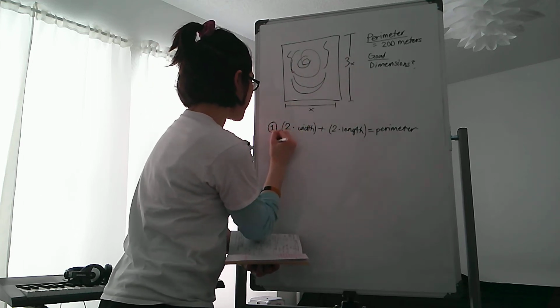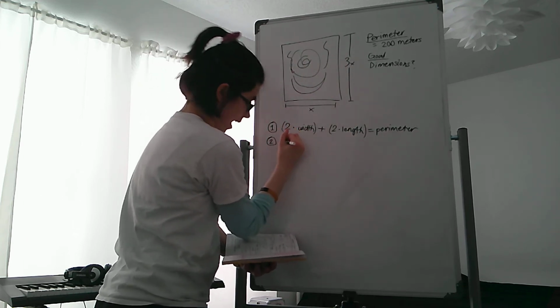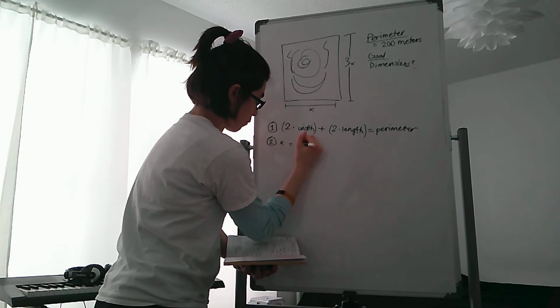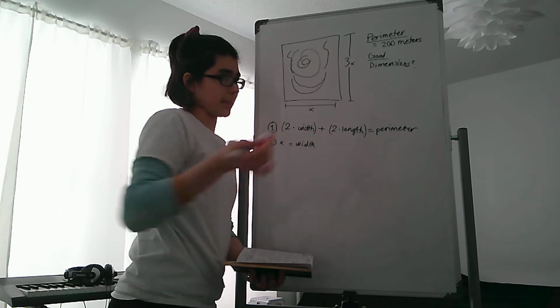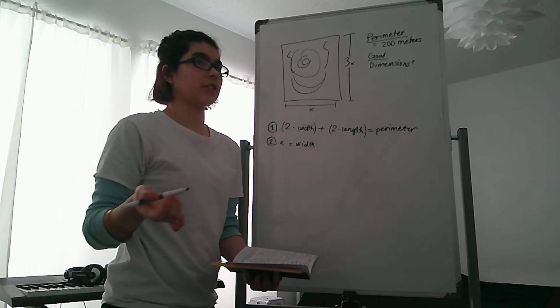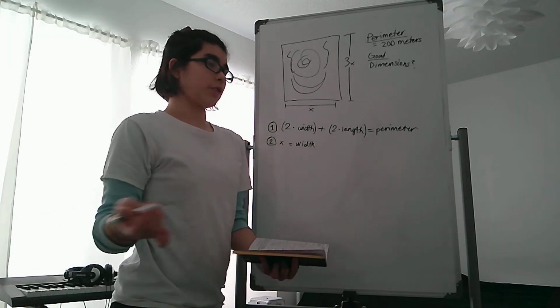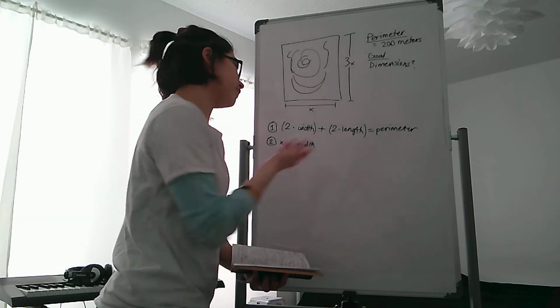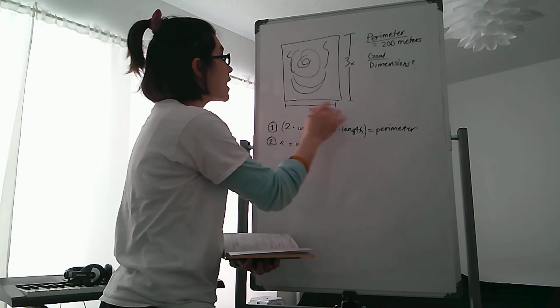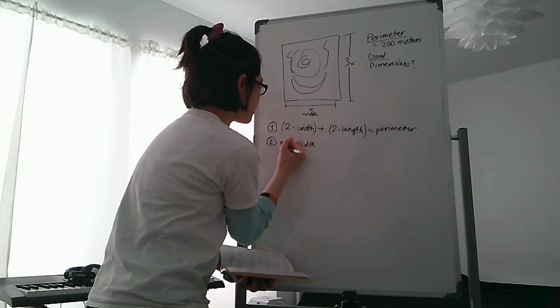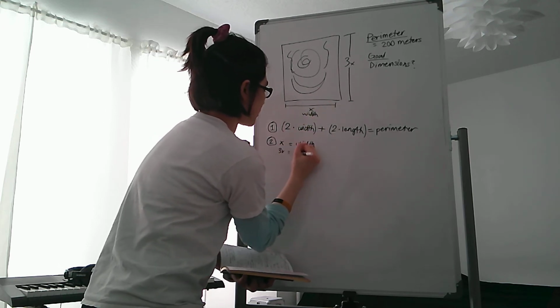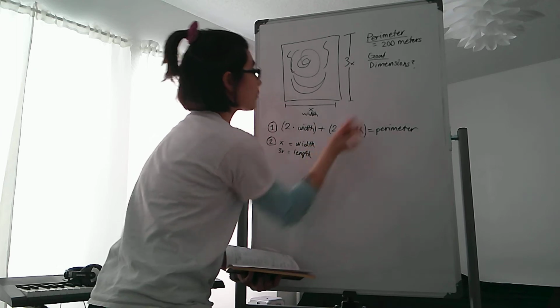Now we're going to define our variables. I'm going to say x equals the width. Technically, you really could just call it length. It doesn't really matter because the question is just what are the dimensions. You're going to report width and length anyway, but for this example, I'm just going to say x is the width. Then 3x is the length, right?